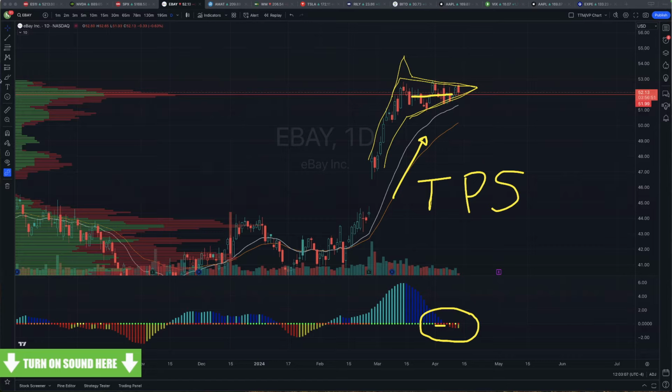Now we don't know if that move is up or down, but because we're following the trend, we're going to, in most cases, try to play this for a long move up as it moves out of that squeeze. So trend, pattern, squeeze.